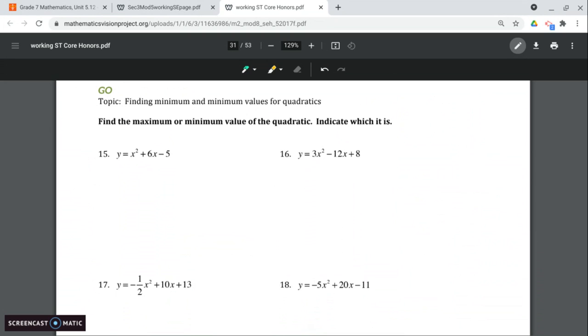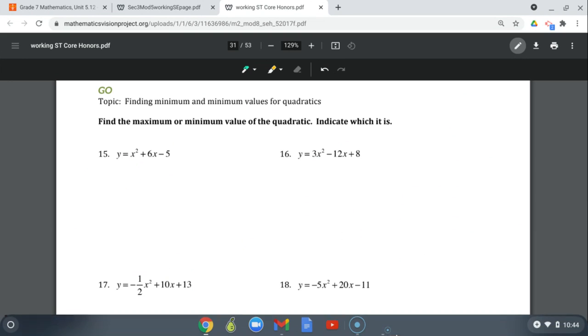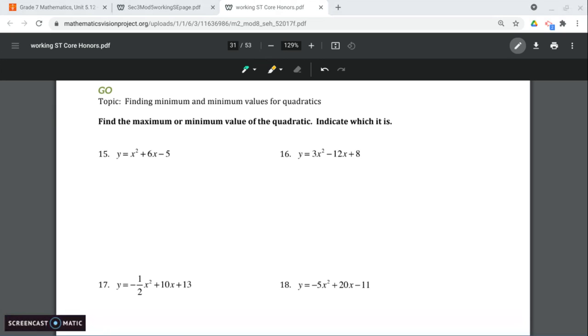And so finding that, we look for where is the changing point. I want to get this into vertex form. That'll help us find what that value is. We know this is going to be a minimum because it's not negative. If there would have been a negative on our x squared, then it would be a maximum.